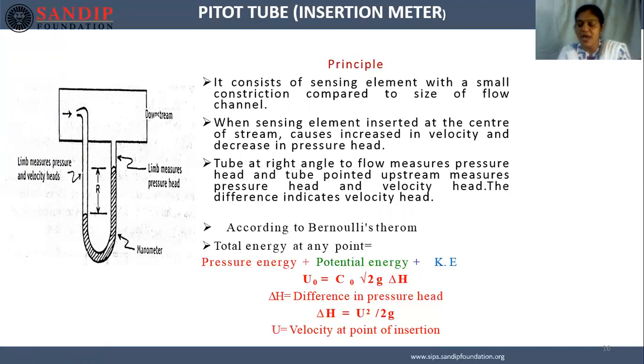The tube at right angles to the flow measures the pressure head only, and the tube that points upstream measures the pressure head as well as the velocity head. The difference in the readings indicates the velocity head. Therefore the reading R of the manometer measures the velocity head. This Pitot tube mostly measures the velocity at a point only. So this is all about the Pitot tube.